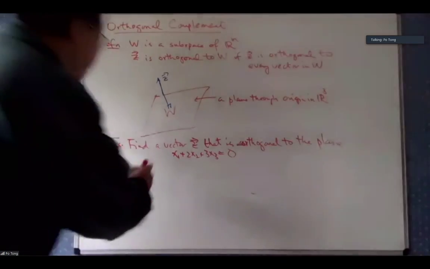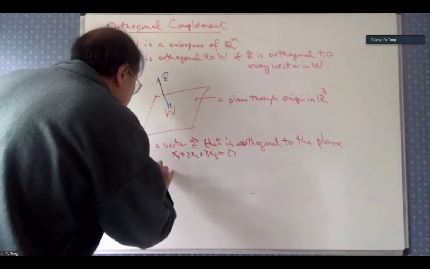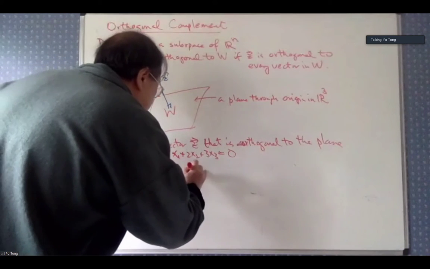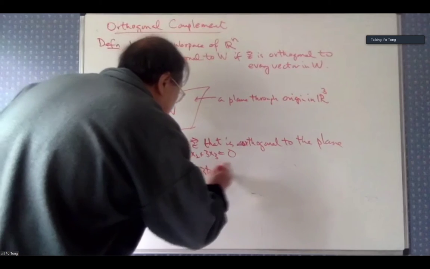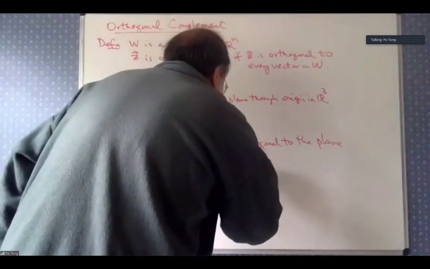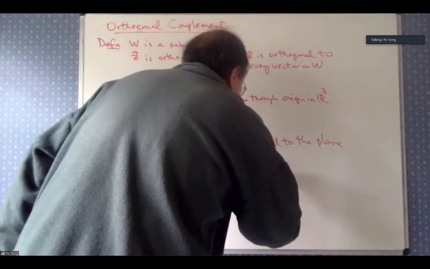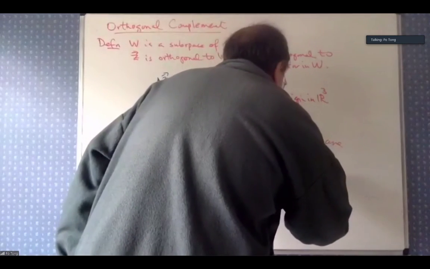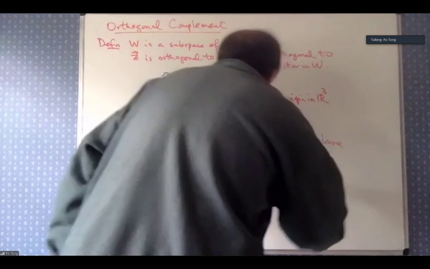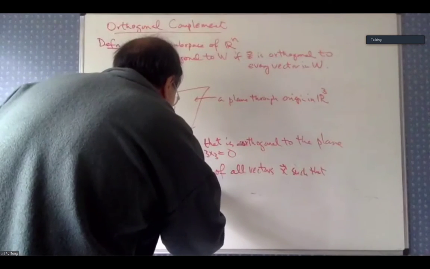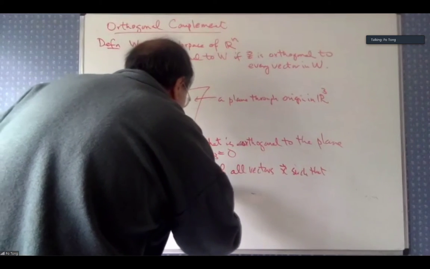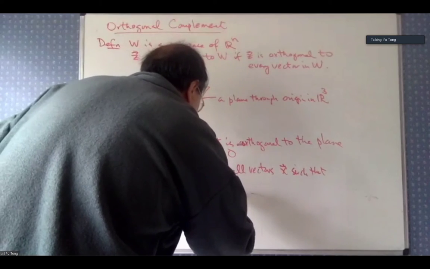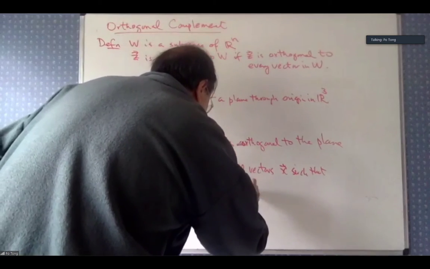So the plane consists of all vectors X such that 1, 2, 3 times X1, X2, X3 equal to 0.